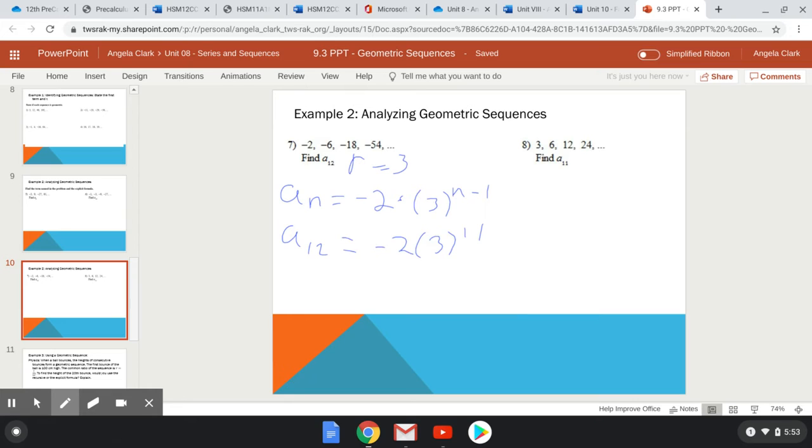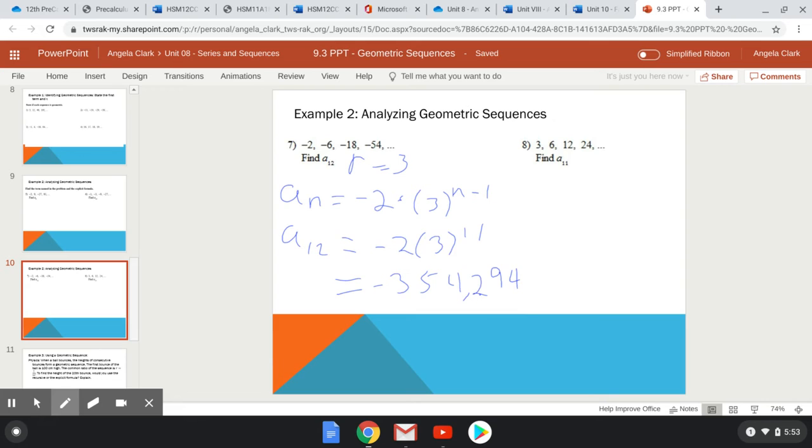And then we put that in a calculator, and we get a very long number. It's not that bad: 354,294.